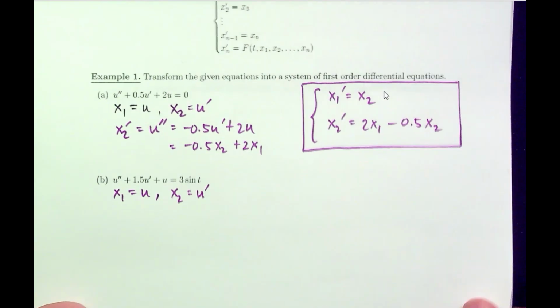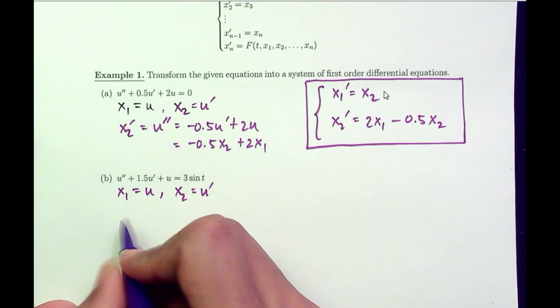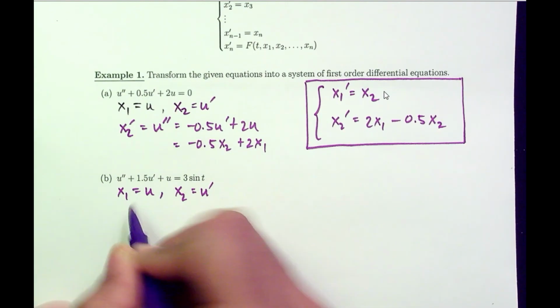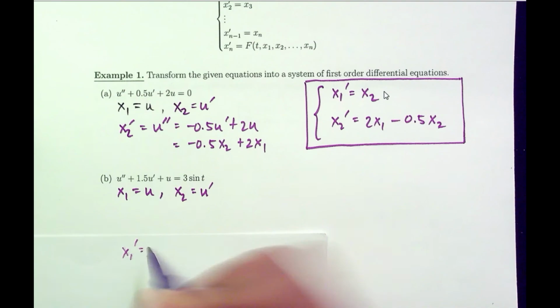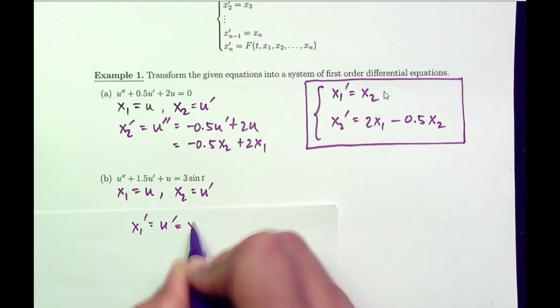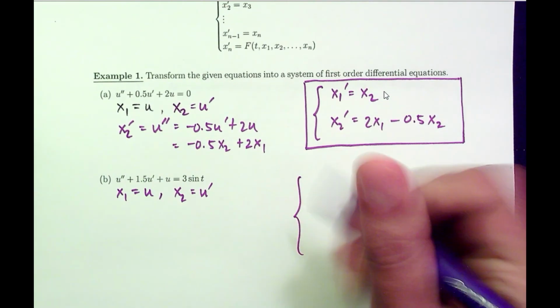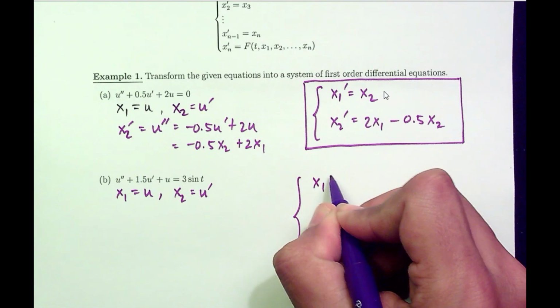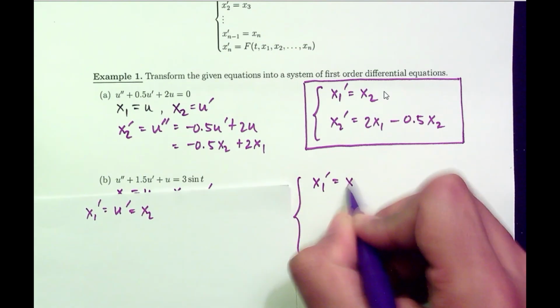Alright, so these are the variables. Then take the derivative of this one on both sides. You're going to get x1 prime equals u prime, but u prime equals x2. So that means in our system, x1 prime equals x2.